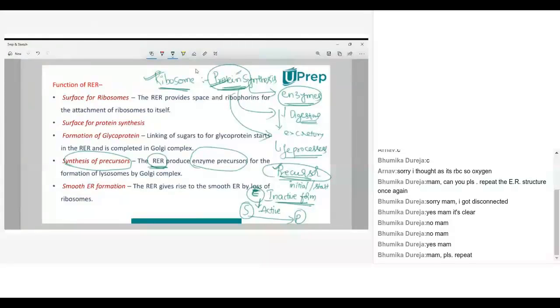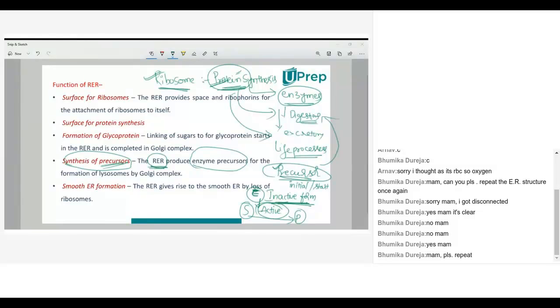They will be in inactive form, the digestive enzymes. All the proteins will be in inactive form. Once you have taken in a lot of food, it has to be digested, and then the proteins which are in inactive form will get changed into active form. That is what is meant by precursor. Precursor is nothing but the initial, starting form of inactive enzymes.